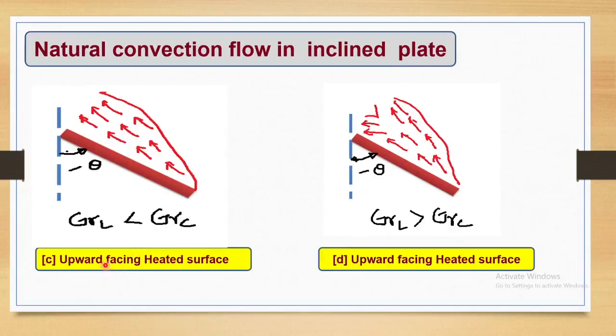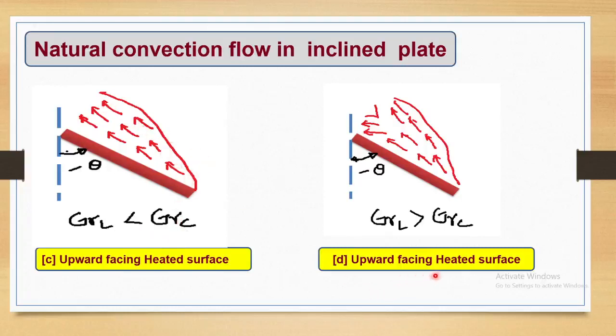Then the upward facing heated surface. Once again, the plate is placed in such a way that it is making a negative angle. So boundary layer formation will take place on the heated face side. If the Grashof number is less than the critical Grashof number, this way the boundary layer formation will take place.